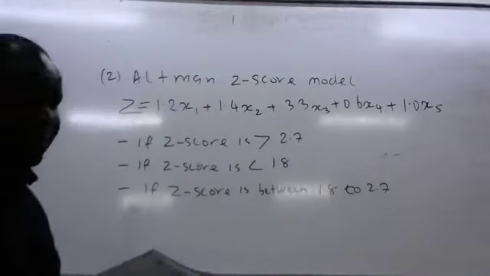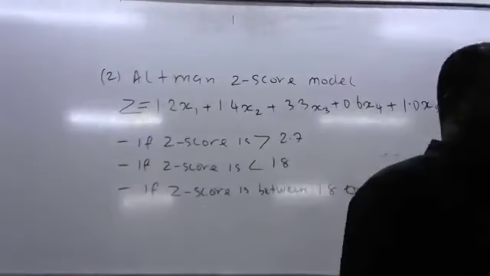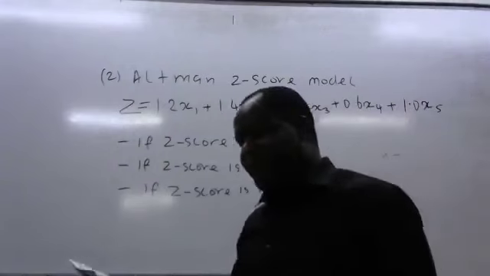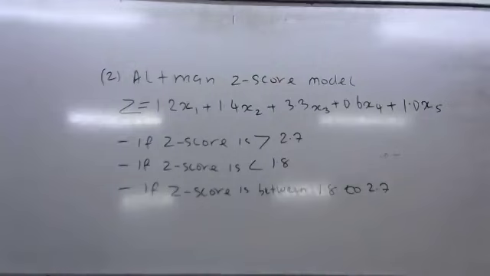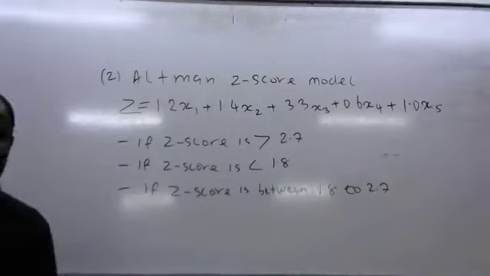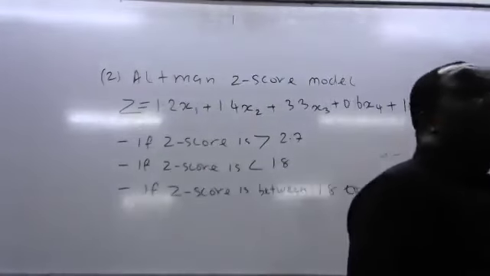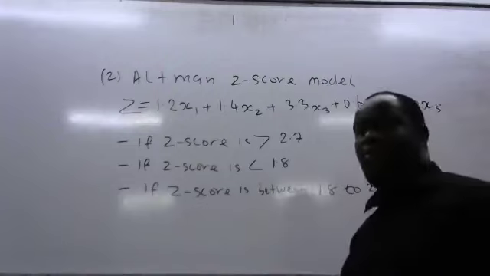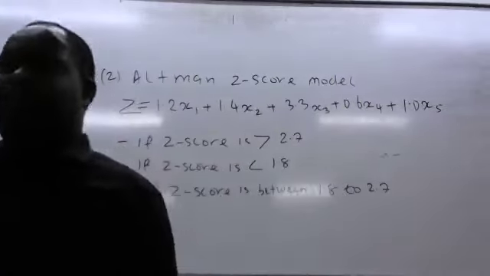But for them, they have given me 0.999x5. So x1, x2, x3, x4, and x5 are financial ratios, which according to Professor Altman, have the discriminating power, where x1 is meant to be net working capital divided by total assets.